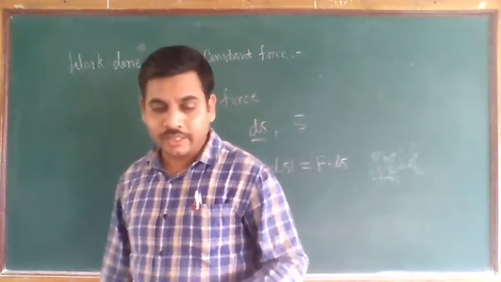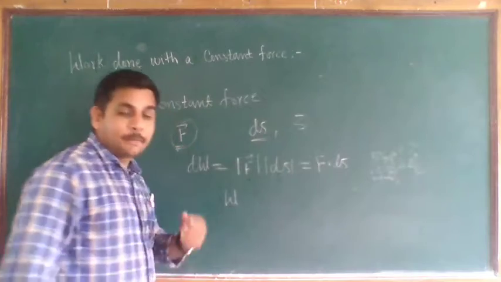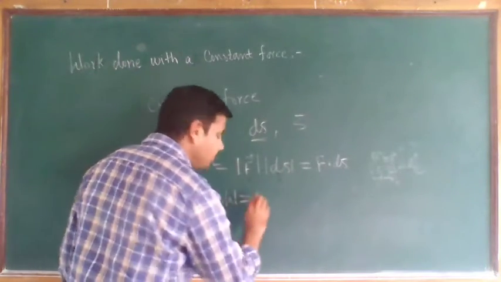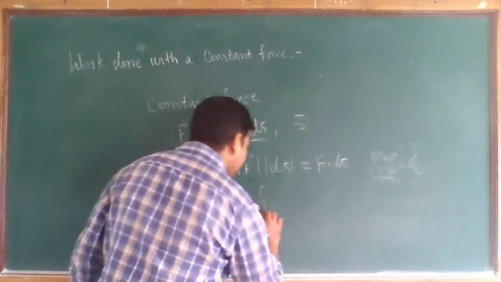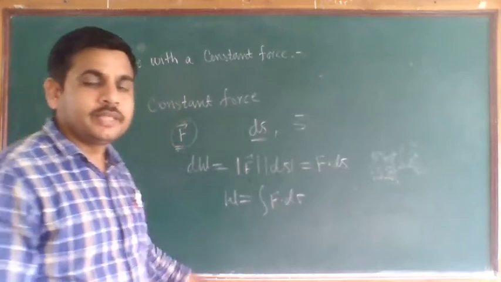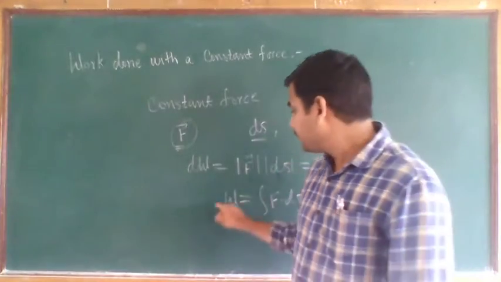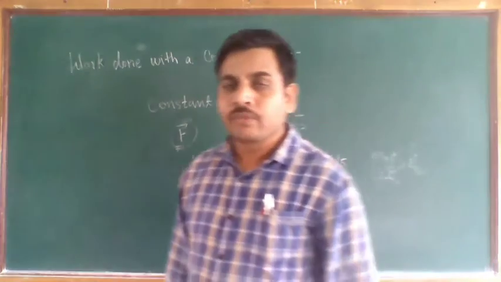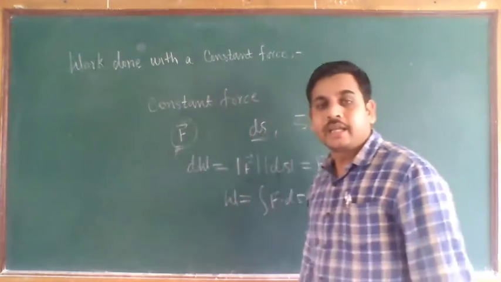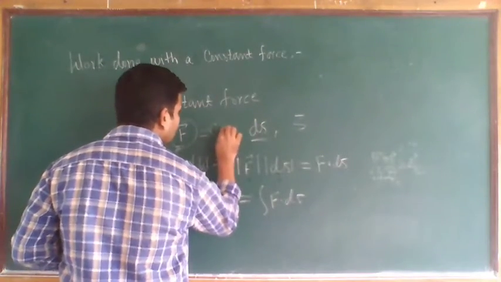Again we define the work done W for that finite displacement. W is the integration of F dot ds. From this, W equal to the integral of F dot ds, we can determine the total work done. Initially I told you that we are applying a constant force.